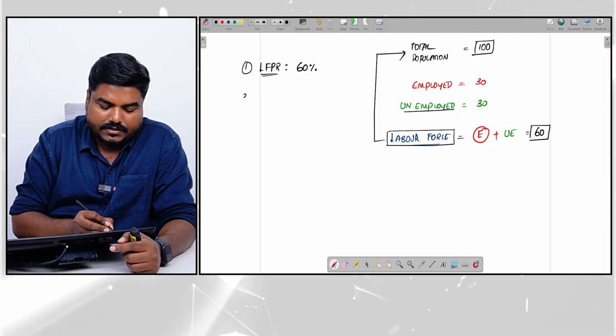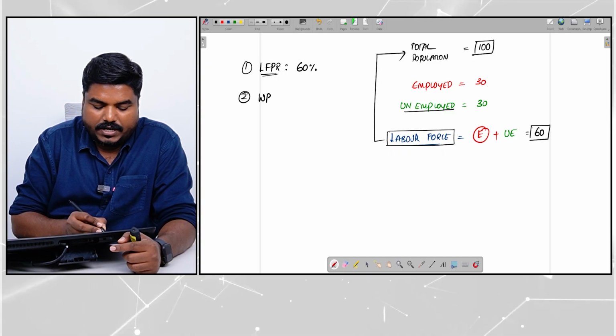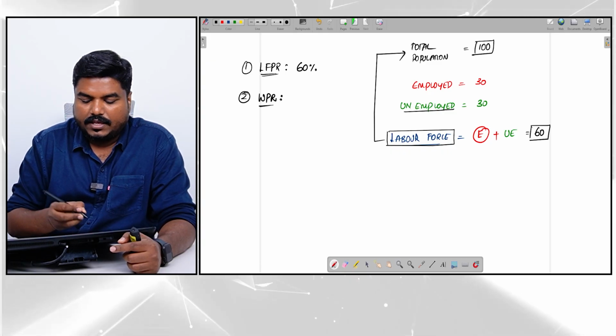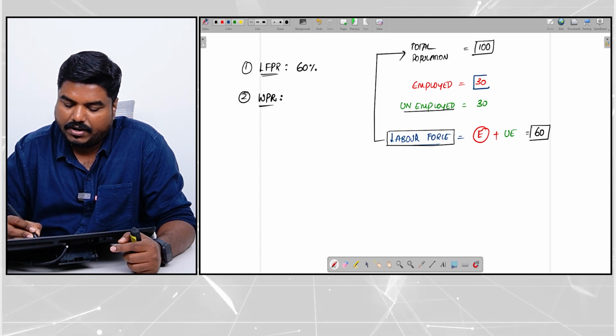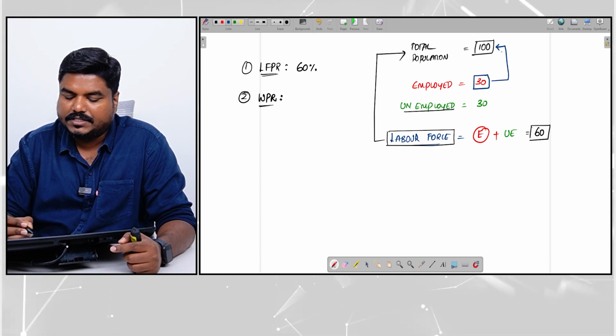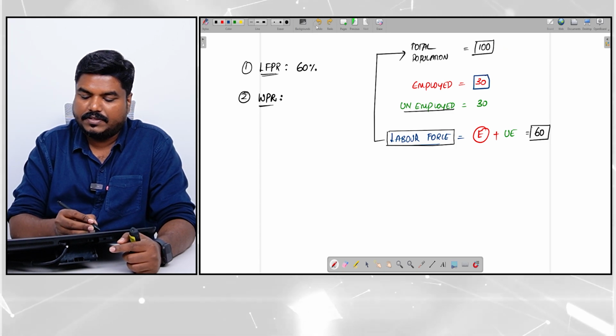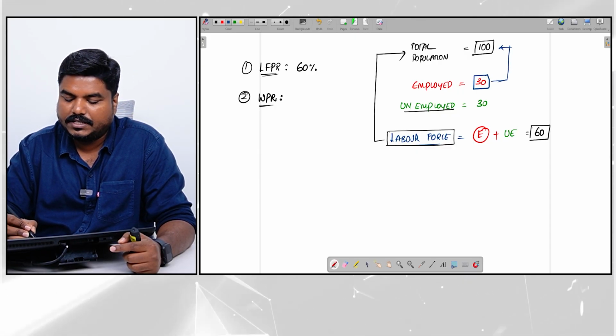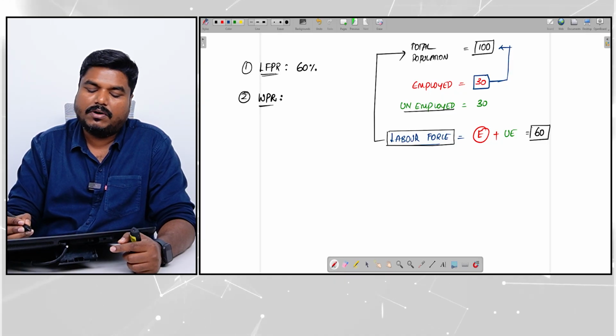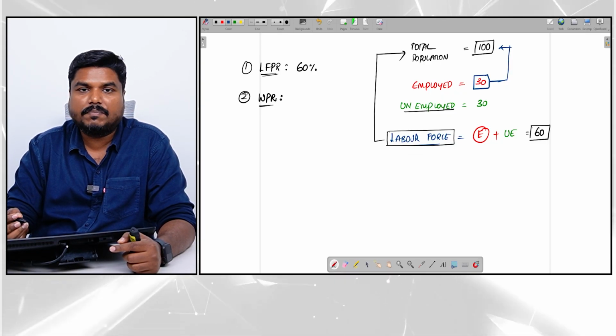The second one is the worker population ratio. Here, it is the percentage of employed in the total population. They are called the worker population ratio.